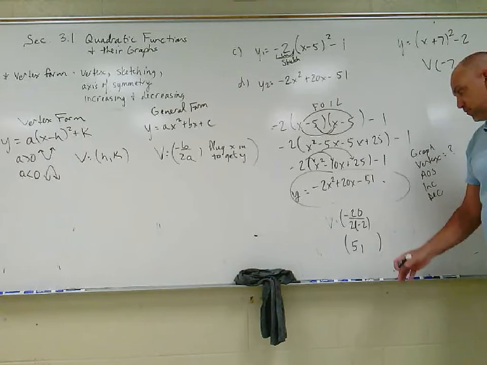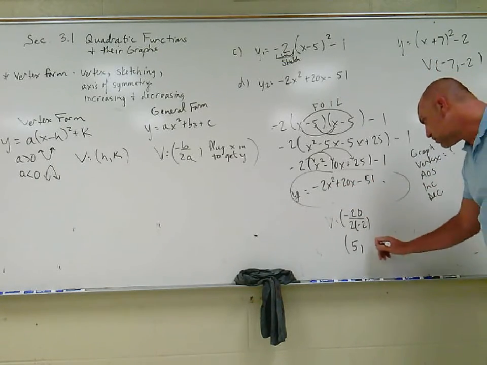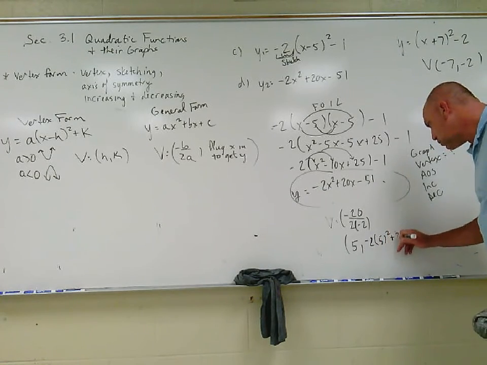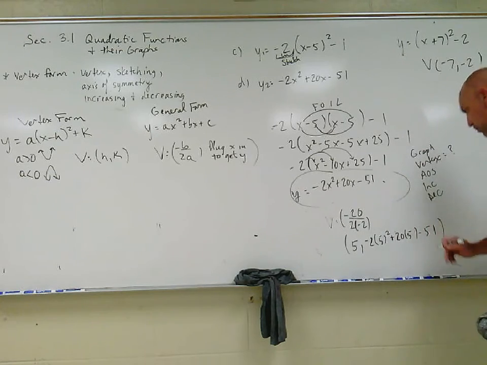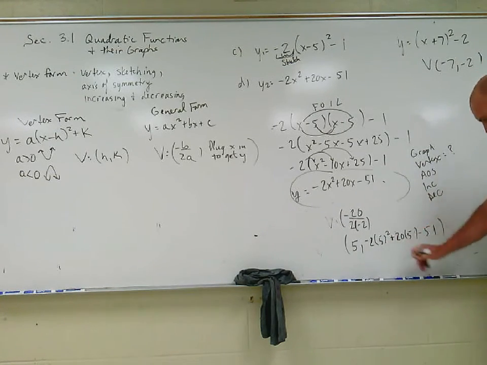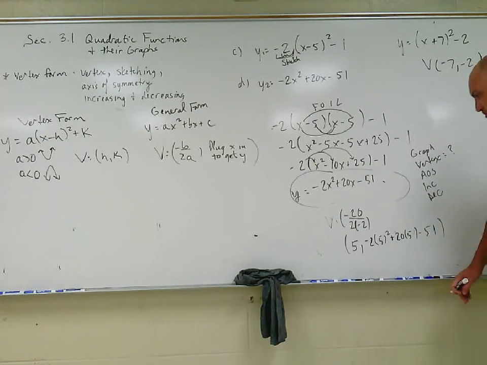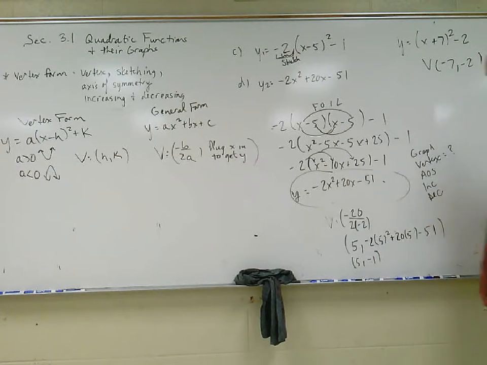So let's see. I'm going to take the 5 and plug it in: -2 times 5 squared plus 20 times 5 minus 51. I'm going to work that out. You can use your calculator. If you do, you will get -1.